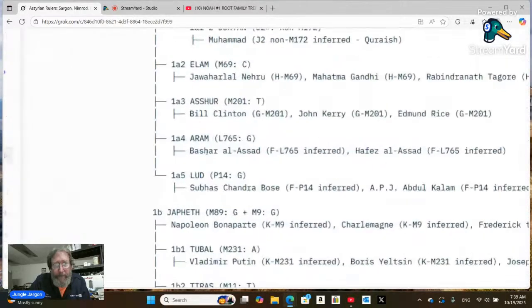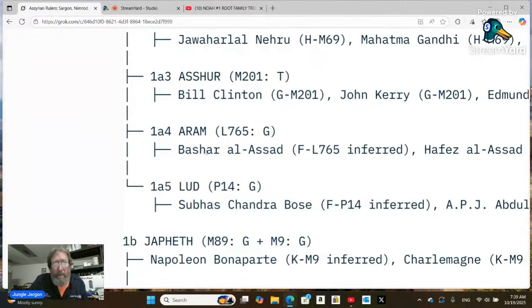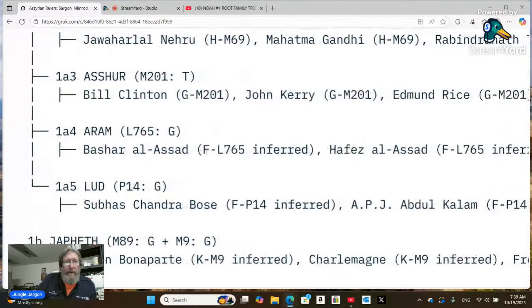So Bill Clinton, look at all the people that are Syrians. Both Bill Clinton and John Kerry are descendants of Assyrians. So, you know, it might explain some of their positions or whatever.